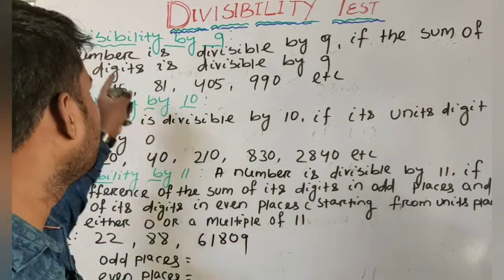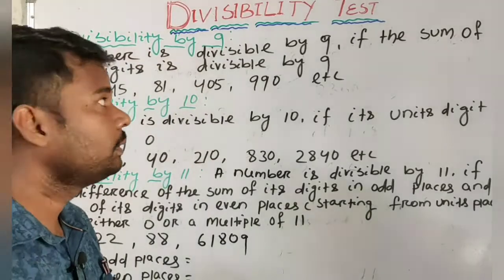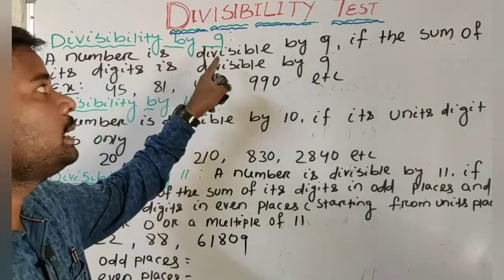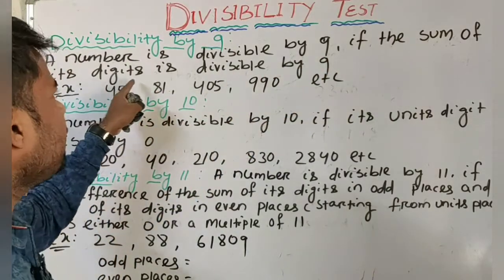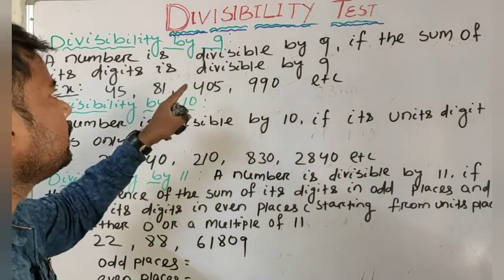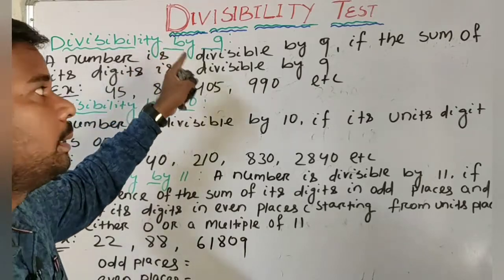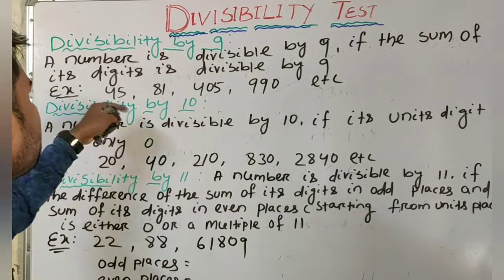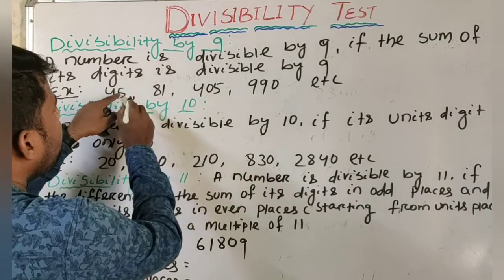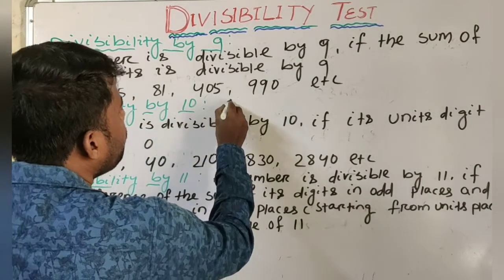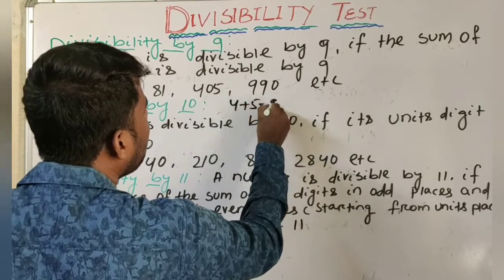Next we will know divisibility by 9. A number is divisible by 9 if the sum of its digits is divisible by 9, then we can say that number is divisible by 9. For that I have taken some examples. Here 45, and the sum of its digits is 4 plus 5 is equal to 9.